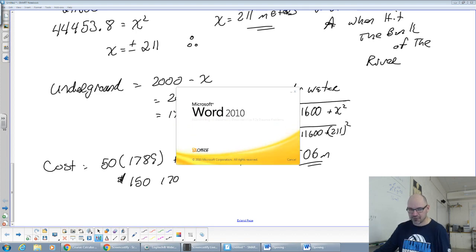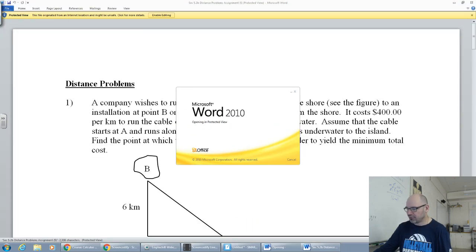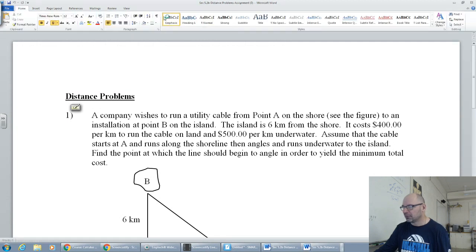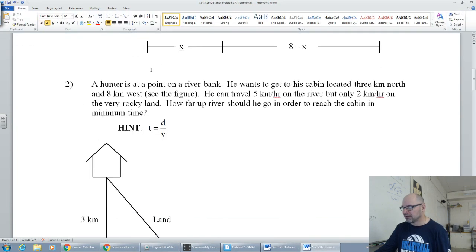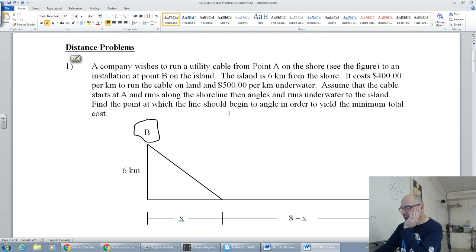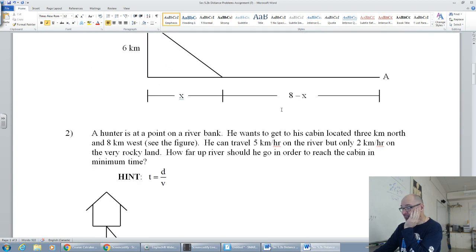I'll scan this as soon as it opens up. Here are some examples of the distance problem. There's an example. Here's one that I did, very similar.